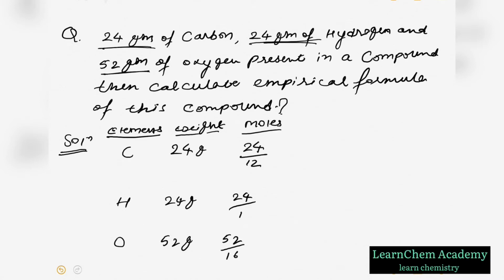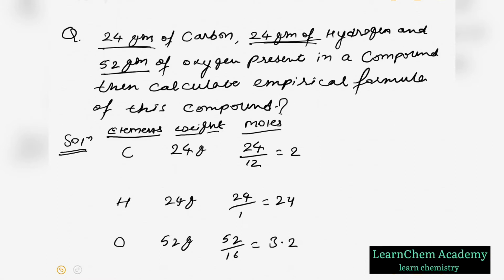So we will get the number of moles value here 2, here 24 and here 3.2. Okay, so here number of moles is 2 in case of carbon, 24 in case of hydrogen, and 3.2 in case of oxygen.